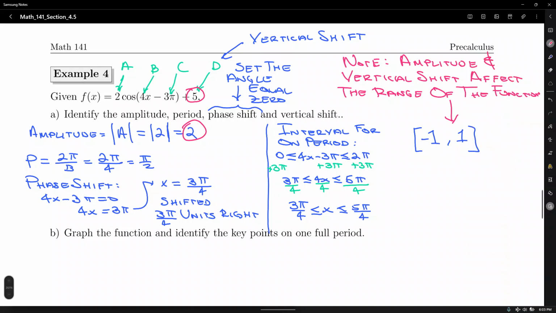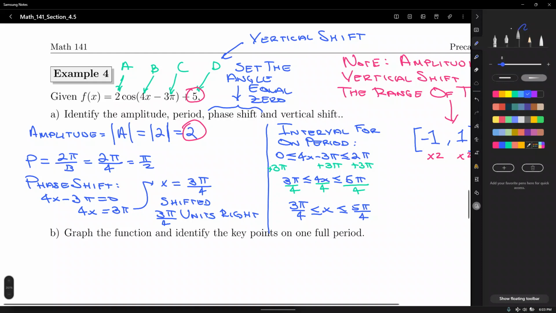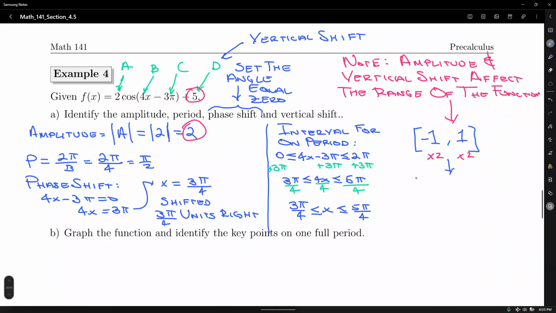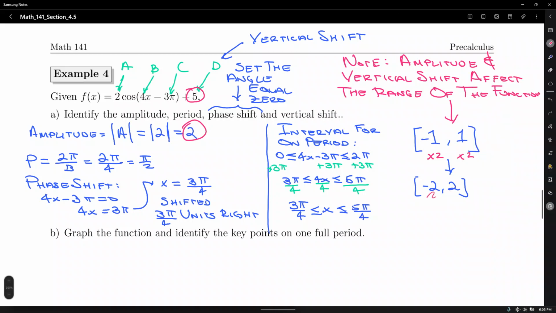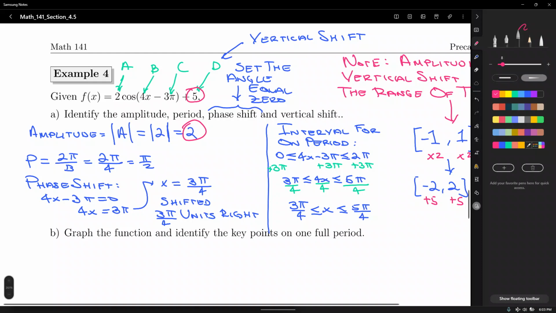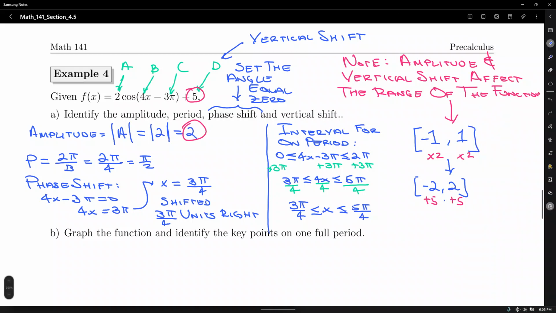That is times 2, times 2. So this will become -2 to +2, and finally add 5 to get the new range. So plus 5, plus 5. That's going to lead us with 5 minus 2, which is 3, and 2 plus 5, which equals 7. So that is the new range.